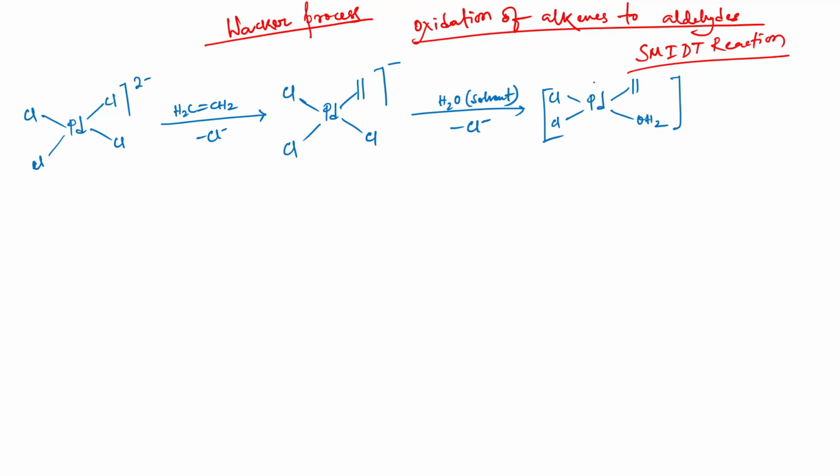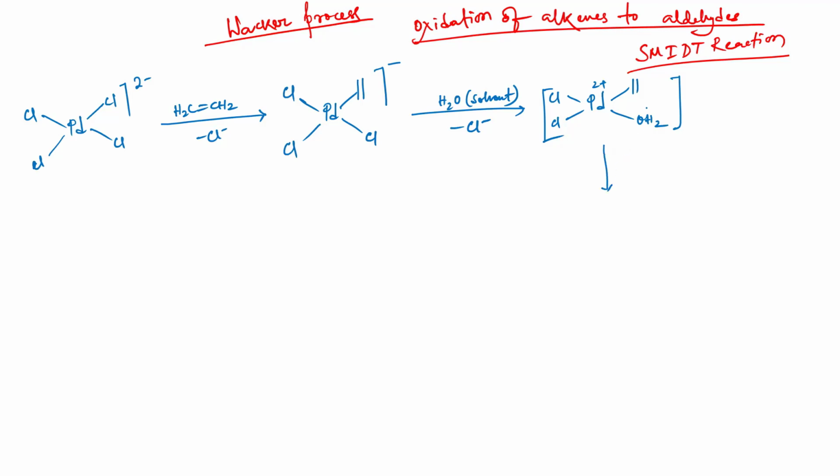since palladium is 2+ charge and 2 chloride, both OH2 and the alkene don't have any charge. This is a neutral one. Now what will happen?